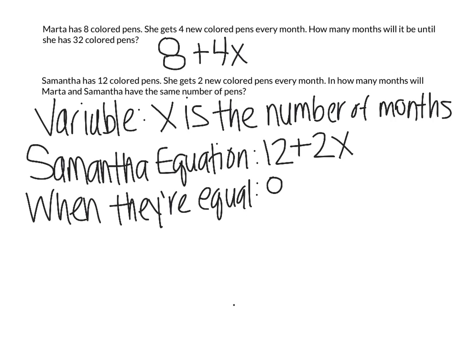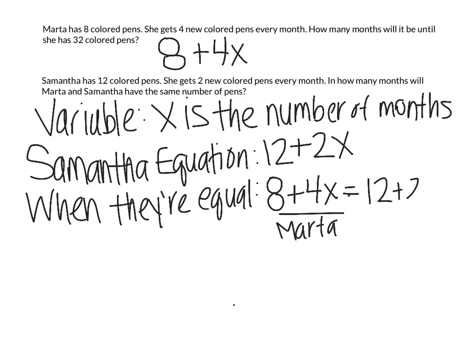Here's the number of pens that Marta has. This is Marta. And here is the number of pens that Samantha has. We are finding now what x equals when Marta and Samantha, when their equations are equal to each other.